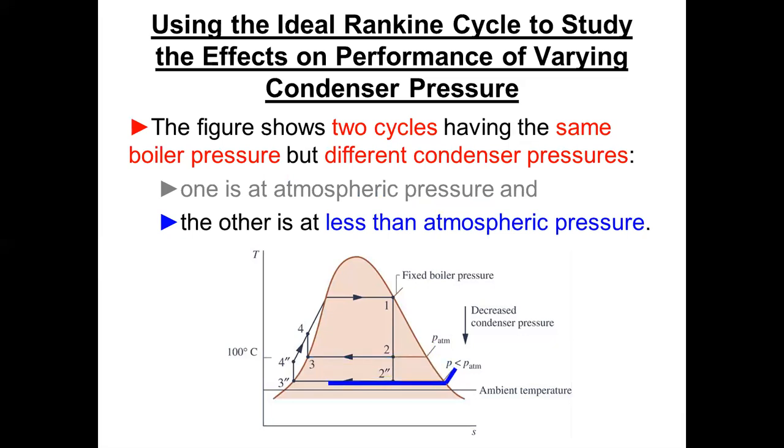Notice that at atmospheric pressure, we're going to condense at 100 degrees C, which is the boiling point of water at atmospheric pressure.